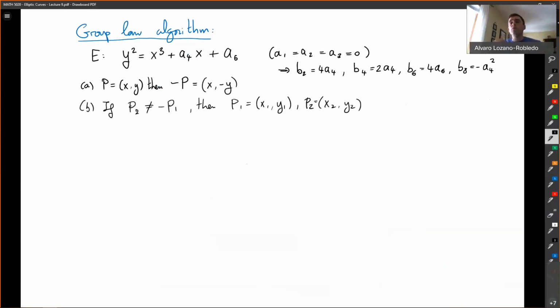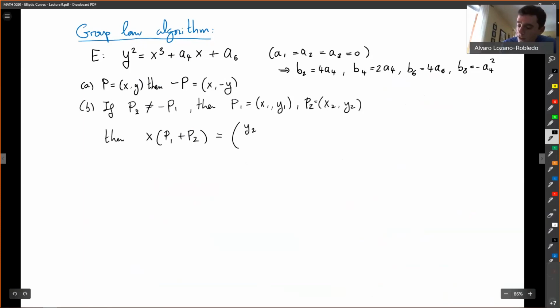You have to find the line between the 2 points, find the slope, find the line, find the intersection, and you find what the third point of intersection is, and you can find out exactly what the formula is, which is as follows. I'm just going to give you the x coordinate. It turns out it has a nice formula.